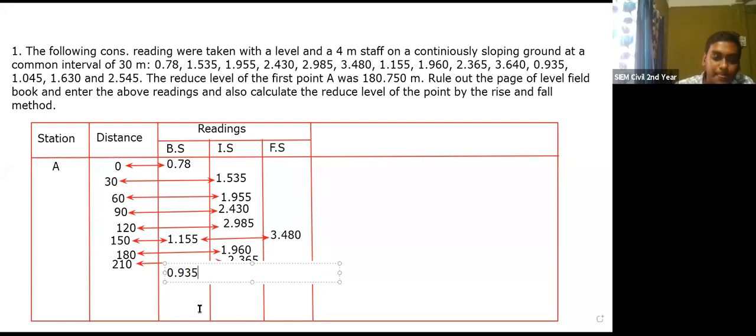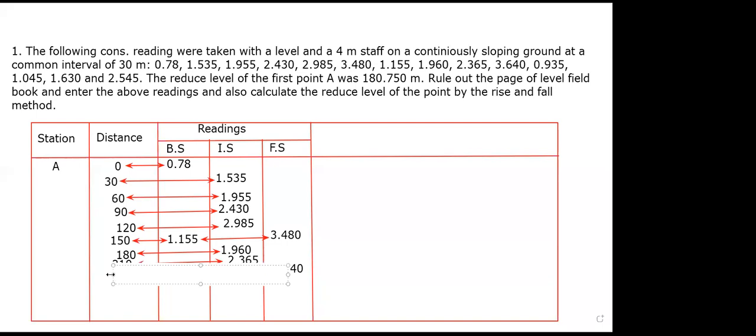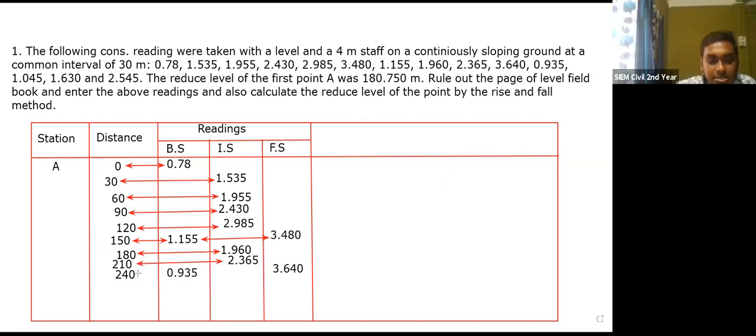For which distance? 210 plus 30, 240. The BS is 0.935 and the FS value is 3.640.